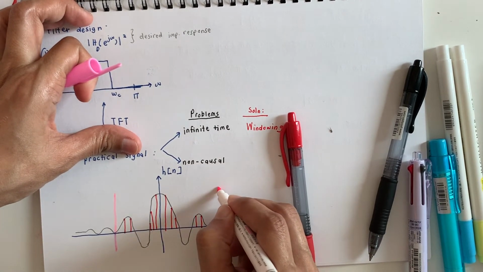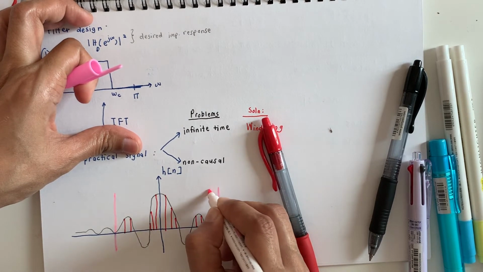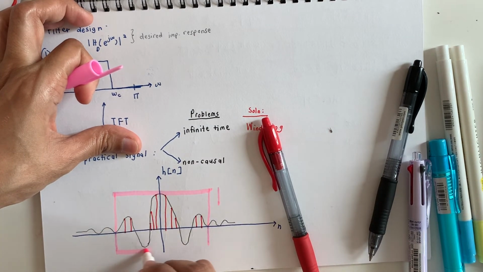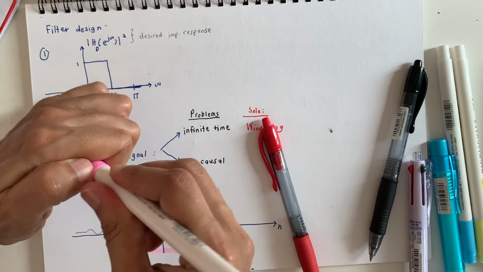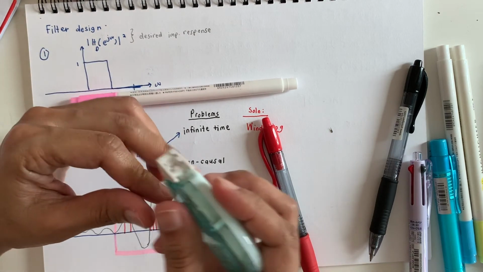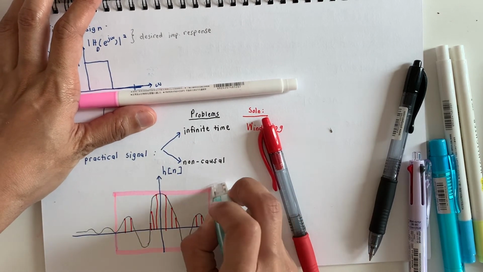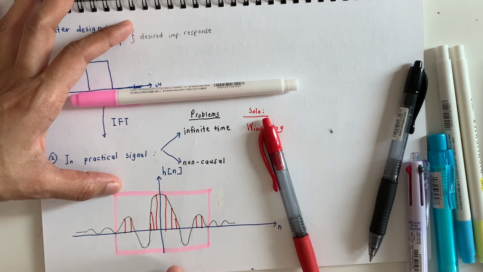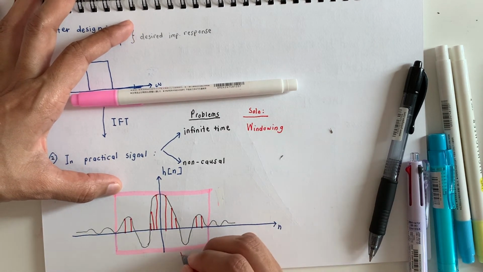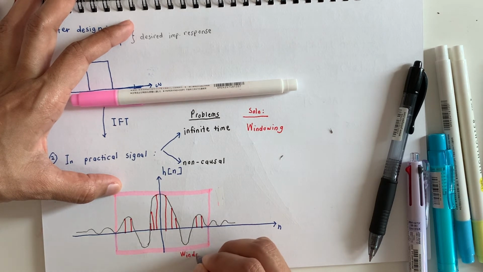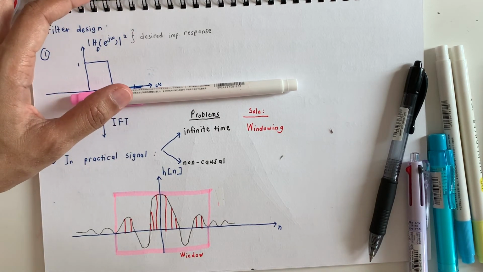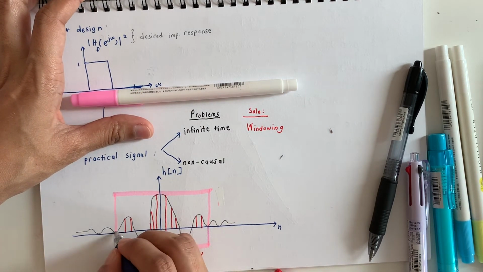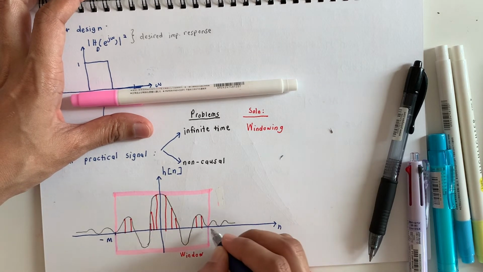Let's say we select this part. This is our window, our selected information. We select our window from -m to m.